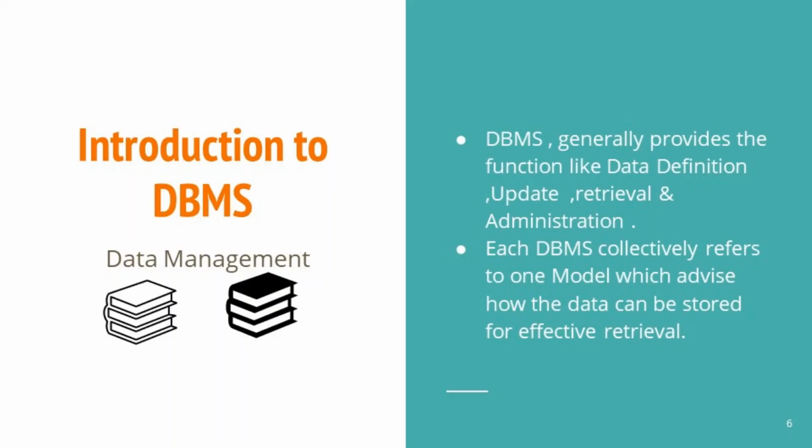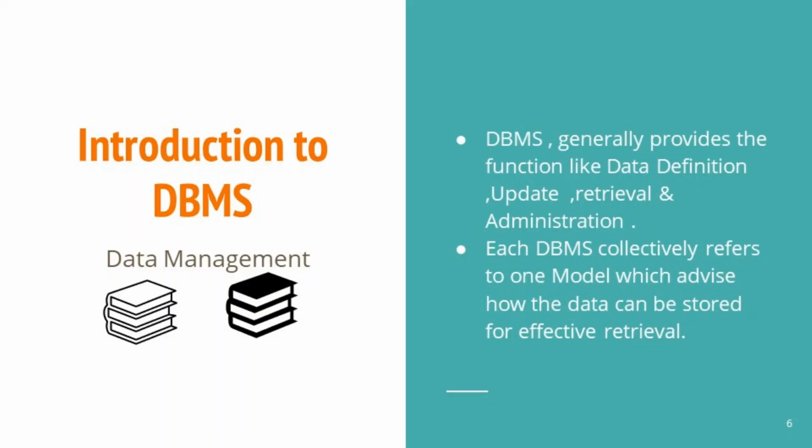DBMS generally provides functions like data definition, update, retrieval, and administration of data. Each DBMS collectively refers to one model which advises how the data can be stored for effective retrieval.